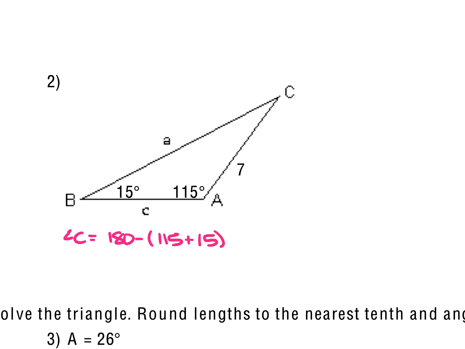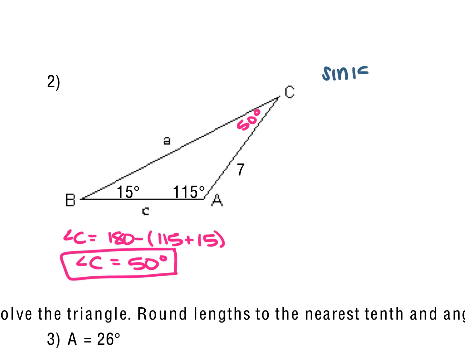So 180 minus 130 gives us 50 degrees for angle C. From here, we have the side length B, so we're going to use the angle B with side B to find sine 15 over 7 is equal to, let's go sine angle A, so 115 over A.